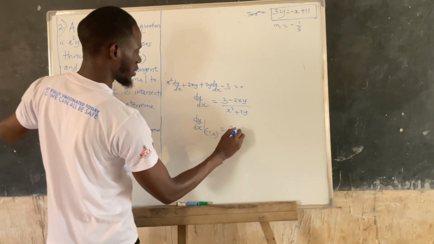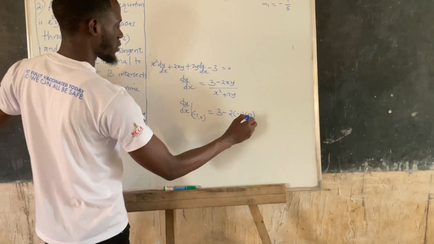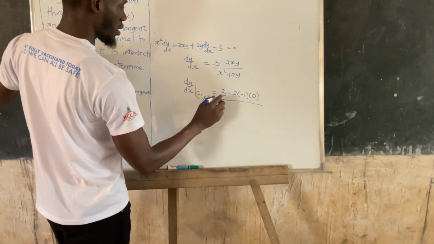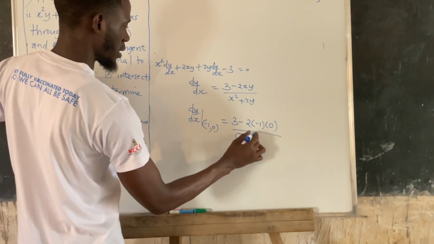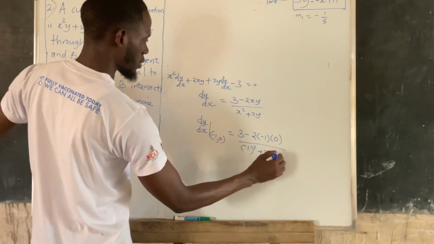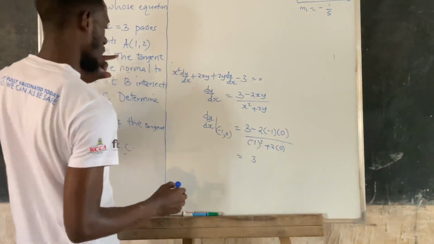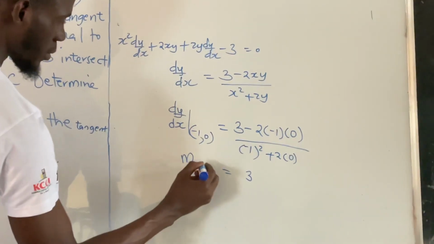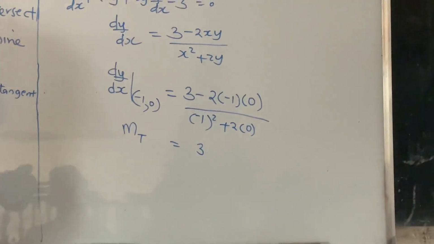So we say 3 minus 2 times negative 1 times 0, this is x, this is y, over negative 1 squared plus 2 times 0. So we shall have a 3 as our m of the tangent, gradient of the tangent at B.